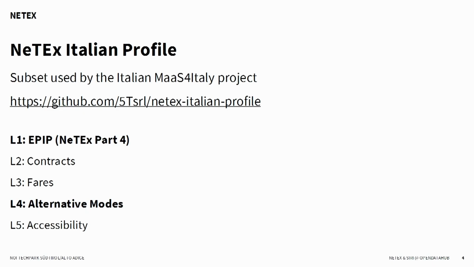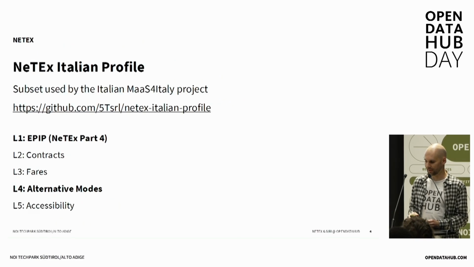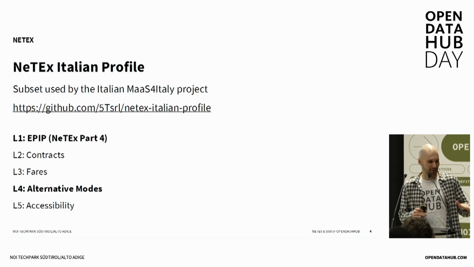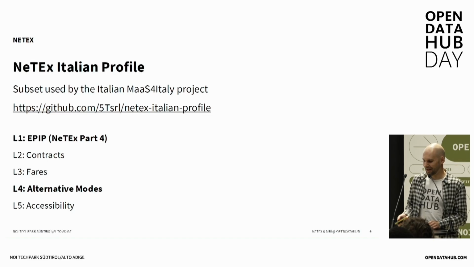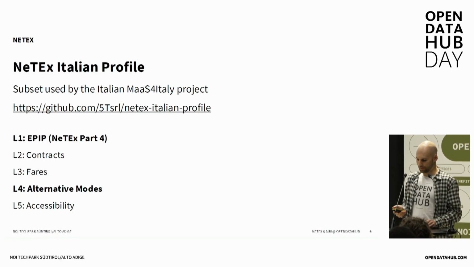You can find the definition, examples, XSD files, and also documentation at this GitHub repository. The Italian profile defines multiple levels. These are not parts, this is a different thing. What's important for us is that level 1 is the one providing the static transport relevant data, and level 4 is the alternative mobility modes.